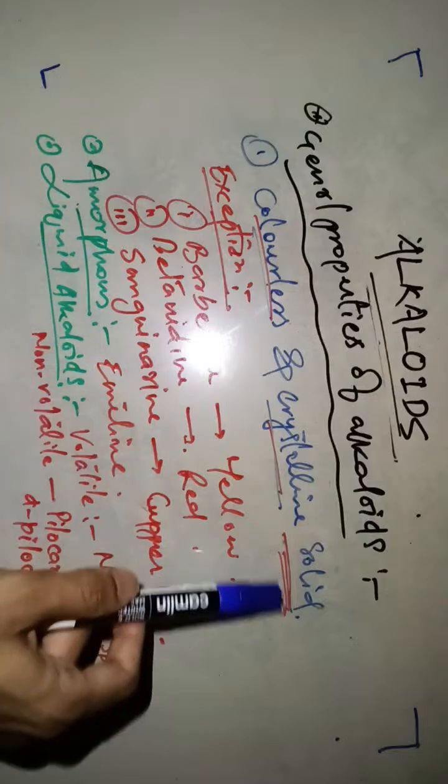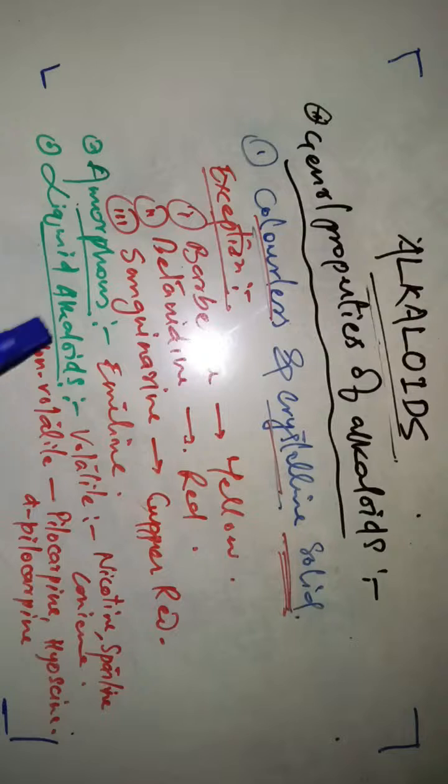Next, the exception to solid is liquid alkaloids, which are of two types, volatile and non-volatile. Volatile ones are nicotine, spartine, and coniine, whereas non-volatile ones are pilocarpine, hyoscine, and D-pilocarpine. You have to remember that. These are the exceptions.